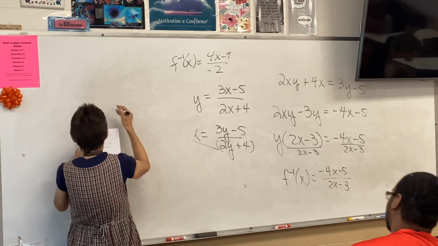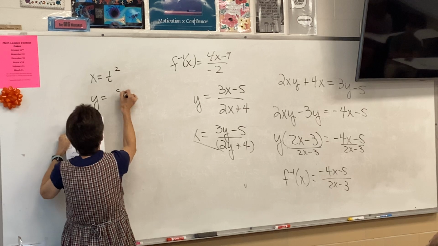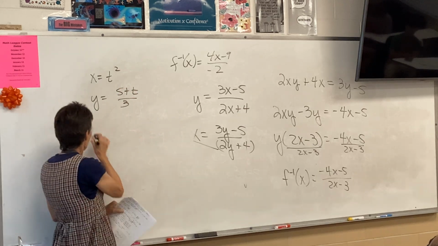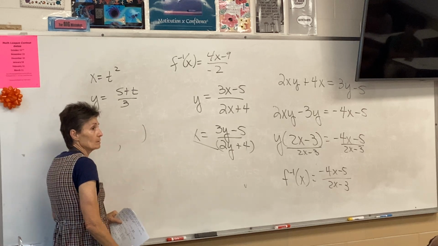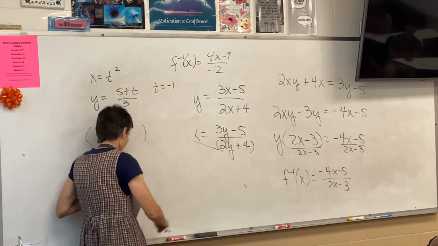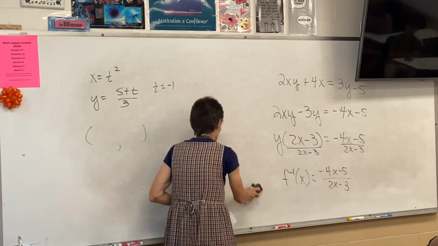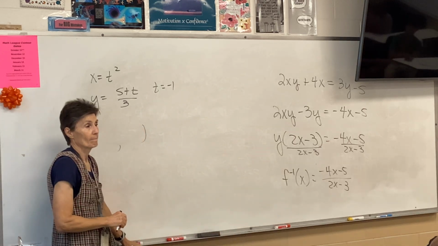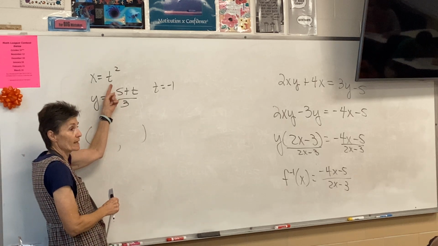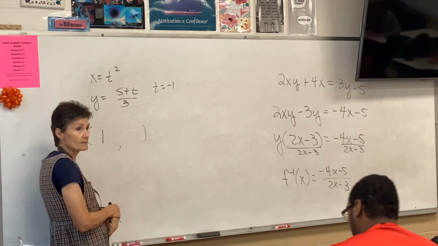All right, number 9. Couple more parametric equations here. And we need to find an ordered pair, find an x and y, and we know that t is negative 1. This is the easiest problem ever. What do we do? Plug it in. So if we put negative 1 in here, what do we get? Negative 1 squared is 1, so that's my x.